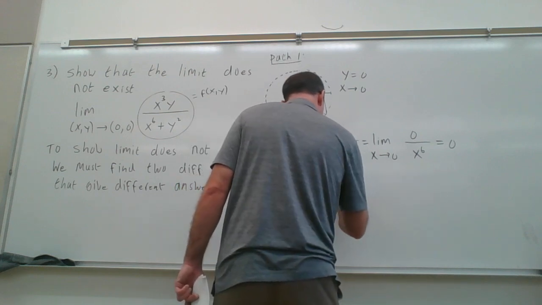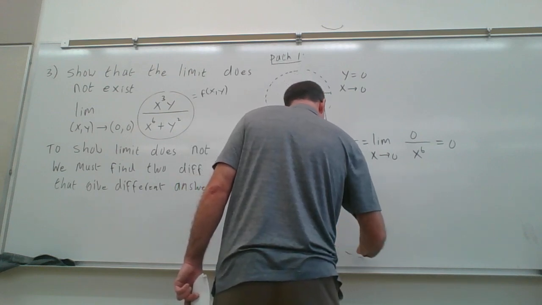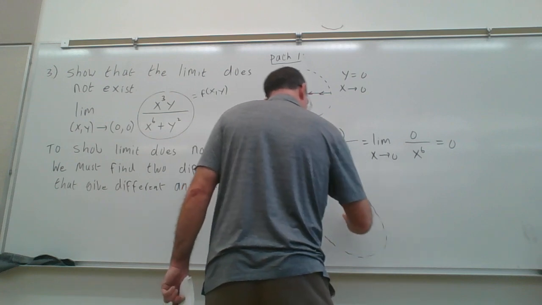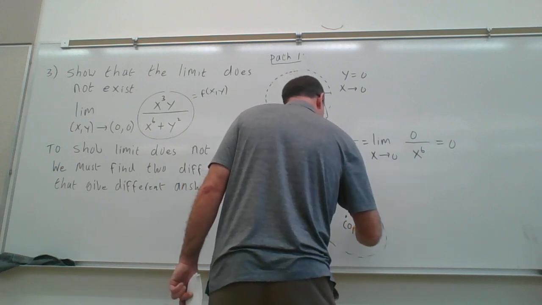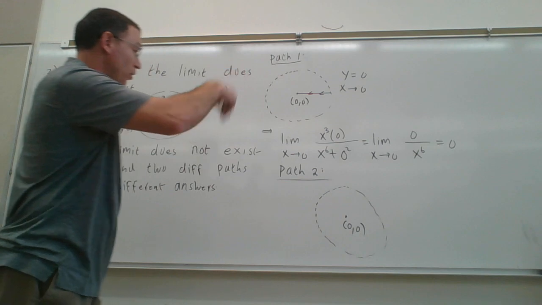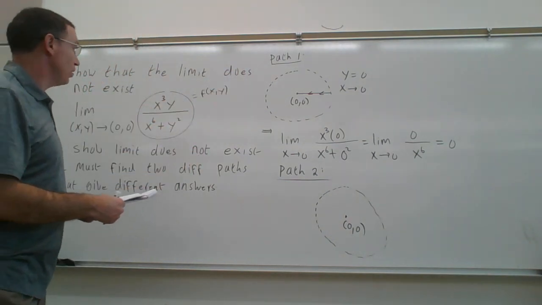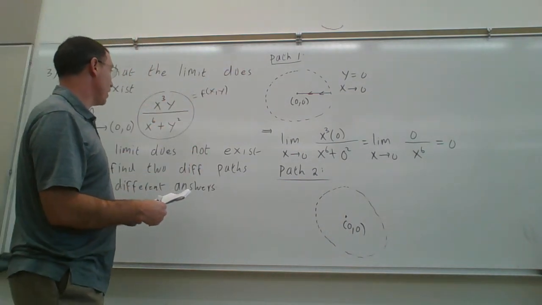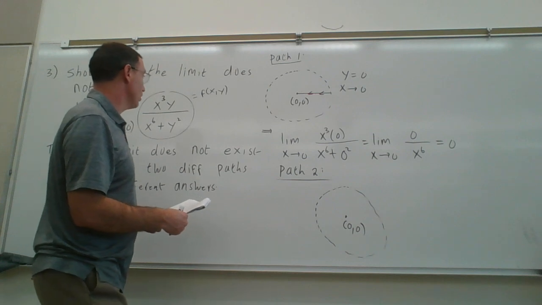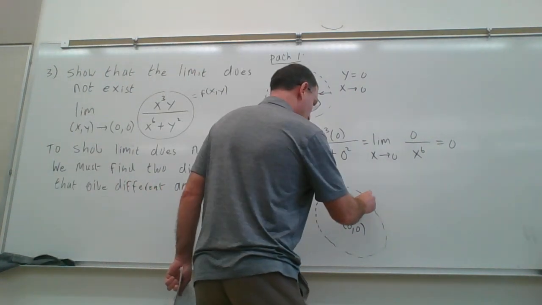So path 2, say this one we come along, we could try the y-axis, but I think that would give us the same answer. So let's actually try along here, say.